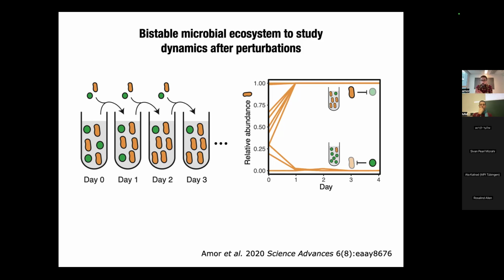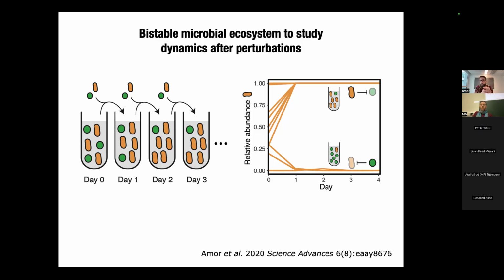And with that, to show that these were actually stable states, we repeated the experiment in the presence of some immigration or dispersal. This means that every day when we are diluting the community into the new test tube for the next day, we are also introducing some fresh cells of both species at the same abundance, but in low numbers, right?